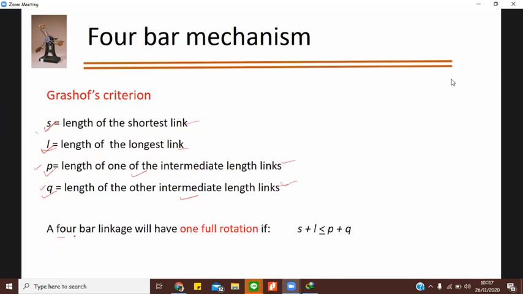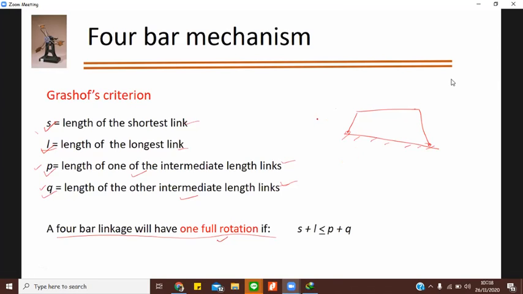Okay. And these 4-bar linkages will have 1 full rotation. So you have 4 links, and out of these 4 links, in at least one link you will always have rotation.